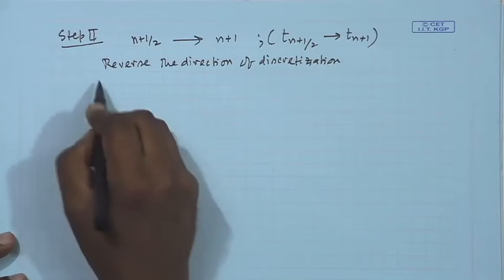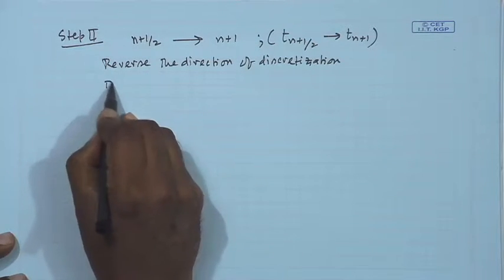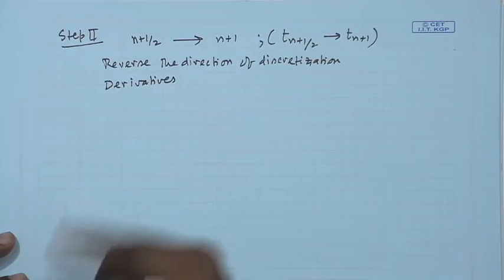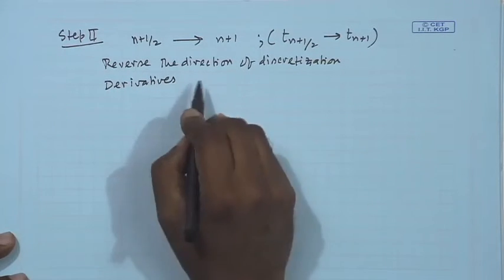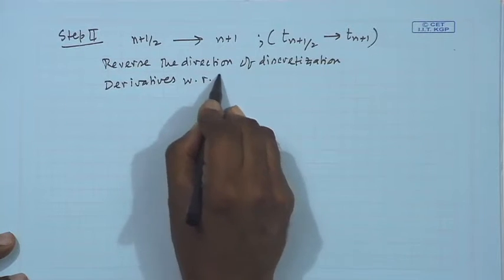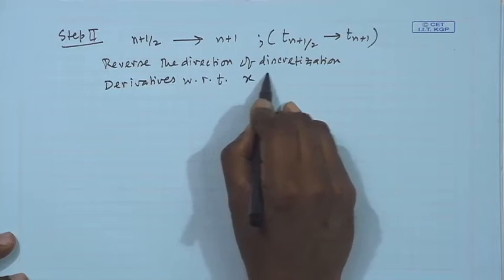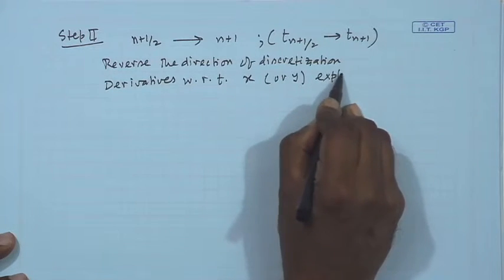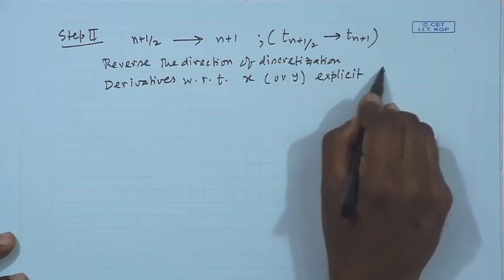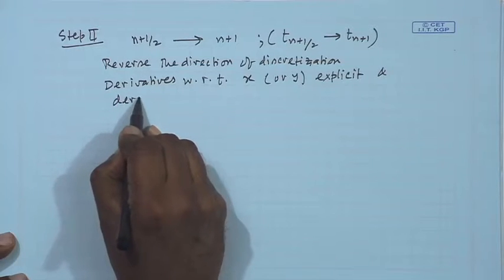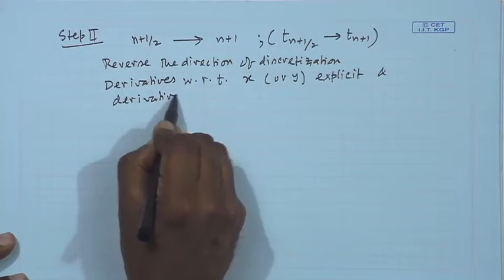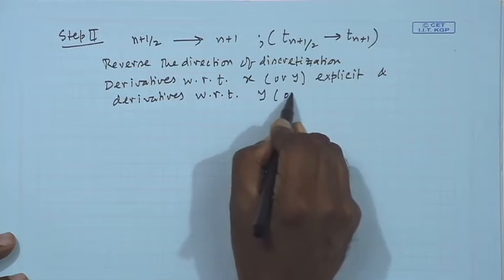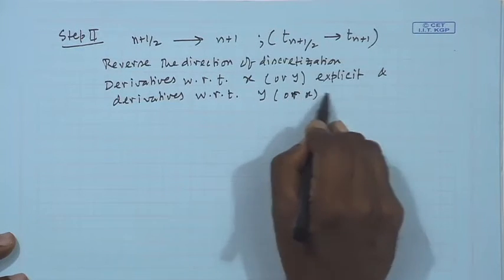That is to say, if we had taken x as implicit, now the derivatives with respect to x will be explicit, and the derivatives with respect to y will be implicit.